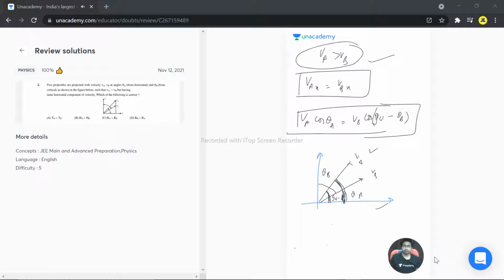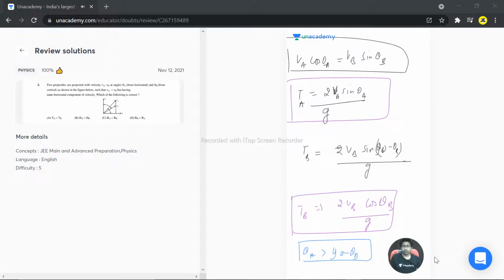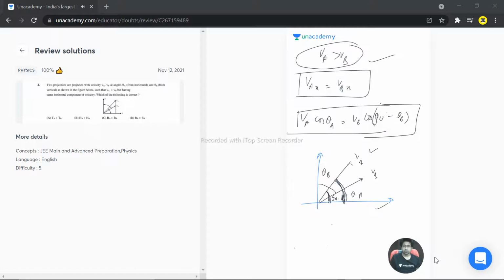So from this we can say, because VA is greater than VB, that we need to conclude between sine theta A and cos theta B. Basically, only this much section is 90 minus theta B, so it is definitely smaller, and theta A is bigger.